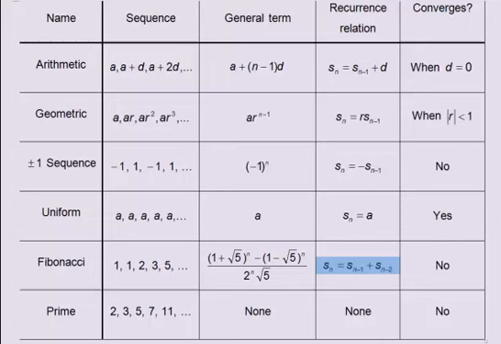Recurrence relation, Sn equals Sn minus 1 plus Sn minus 2. Converges? No. Prime number sequence, 2, 3, 5, 7, 11, and so on. General term, none. Recurrence relation, none. Converges? No.